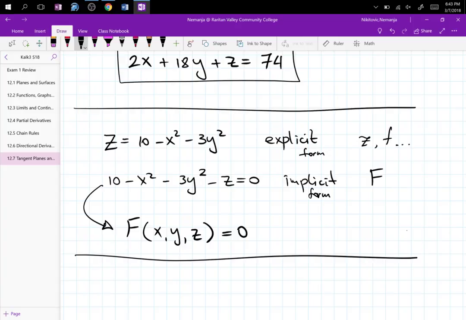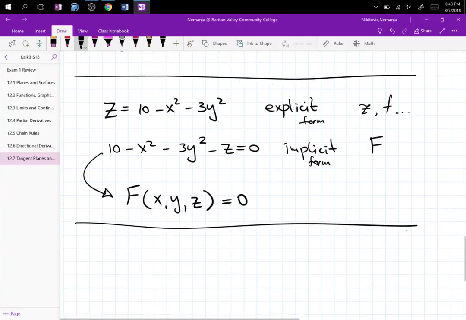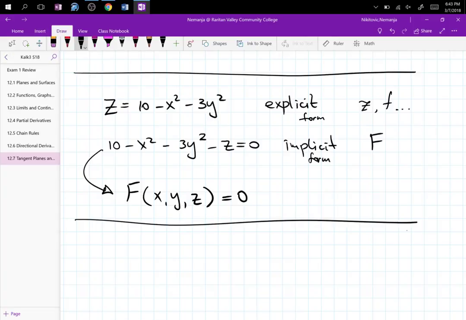So let's write it this way. z is equal to f of (x, y), and that is equal to 10 minus x squared minus 3y squared.